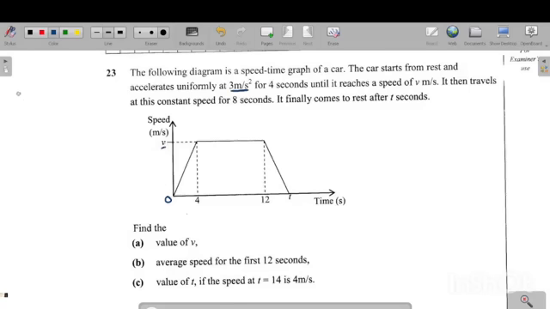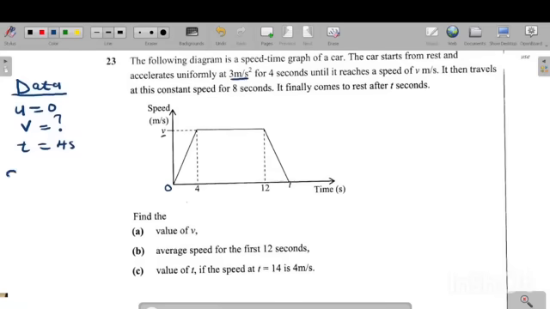Okay, so we can write the data first, which is going to help us. So u, which is the initial velocity, is 0. Then v, which is the final velocity, is the one that we are looking for. Time is actually 4 seconds.